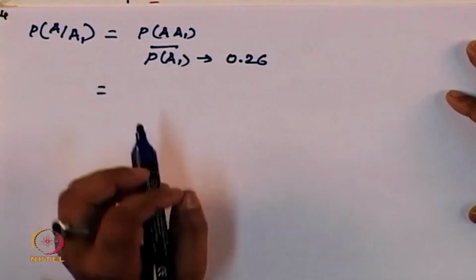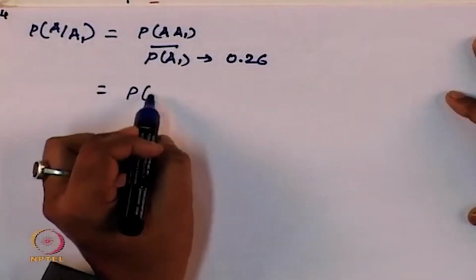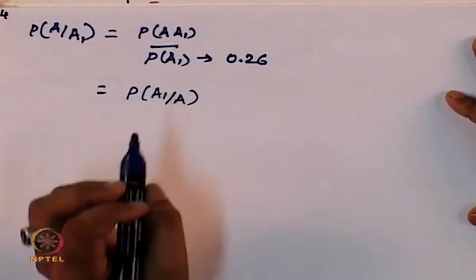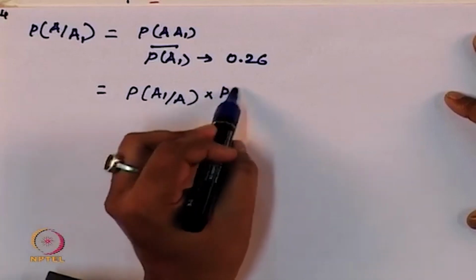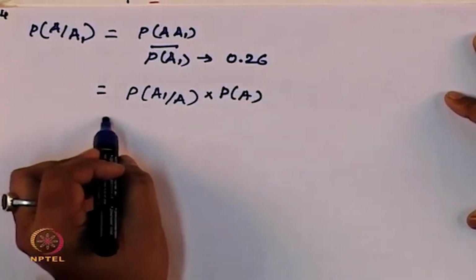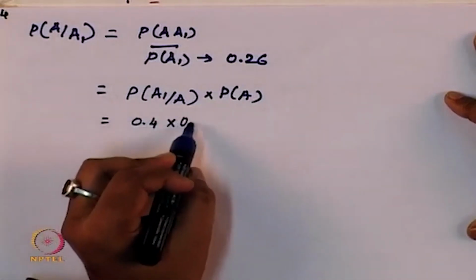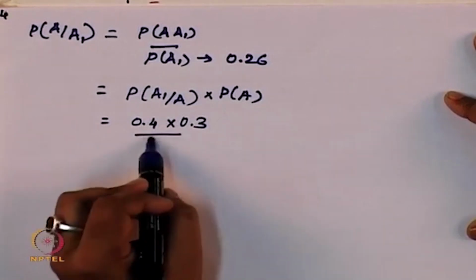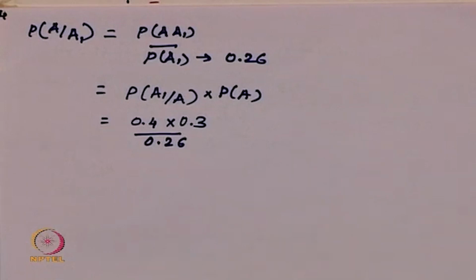I can rewrite the numerator as probability of A1 given A into probability of A. So, this is 0.4 into 0.3 divided by 0.26, which is your final answer.